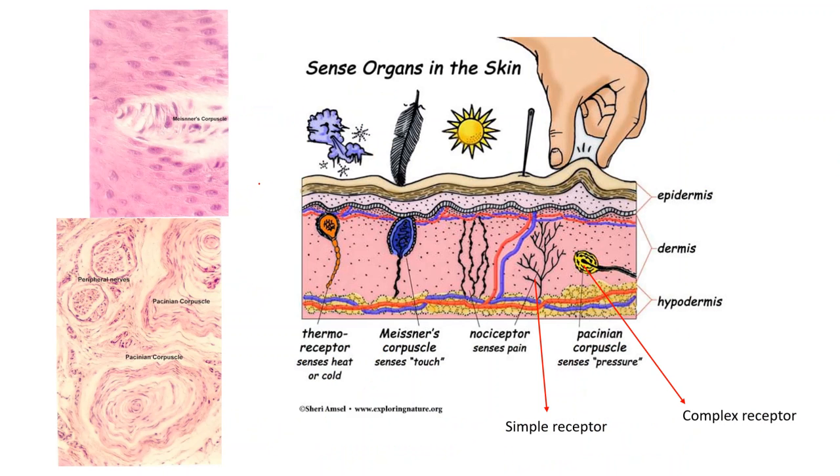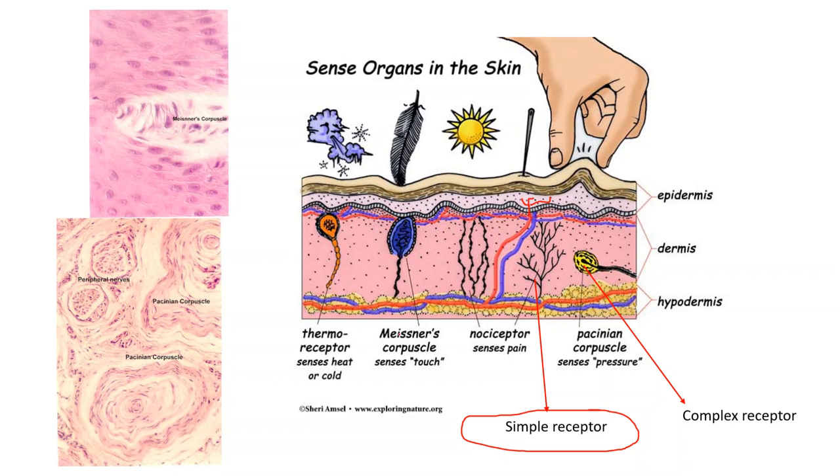Okay, so here I wanted to remind you of some simple receptors that we have looked at in the dermis and epidermis. Remember, those are the free nerve endings that we can find. The only type of nerve cells that we can find in the epidermis are simple free nerve endings. It's not shown here much, but there are some that go in here.